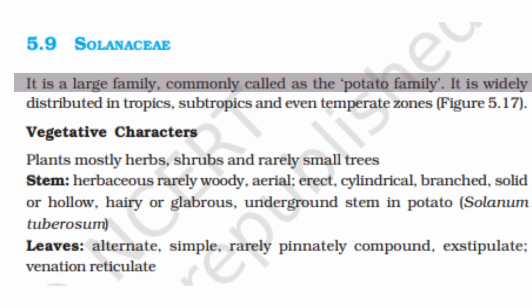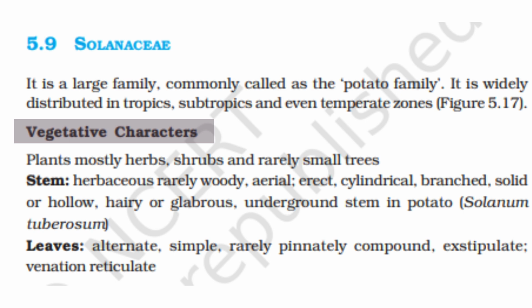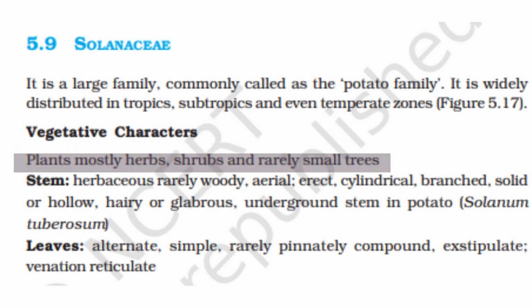Solanaceae. It is a large family commonly called the potato family. It is widely distributed in tropics, subtropics, and even temperate zones. Figure 5.17. Vegetative characters. Plants, mostly herbs, shrubs, and rarely small trees.